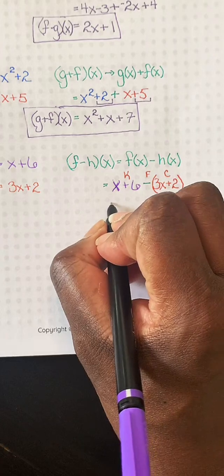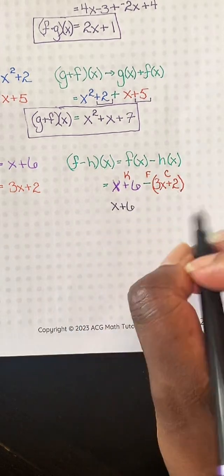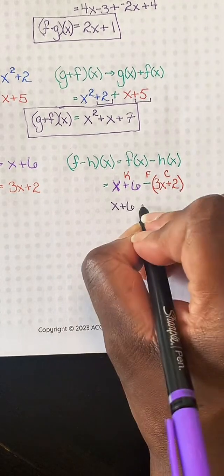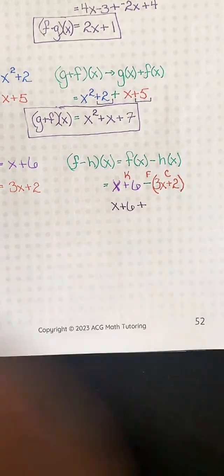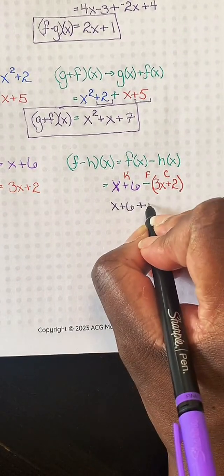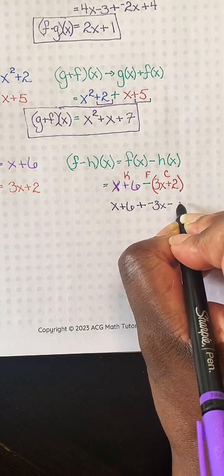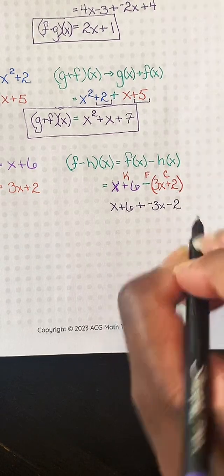I'm going to keep this x plus 6. I'm going to flip that minus to a plus. And then I'm going to change all the signs, because I'm going to subtract that 3x, and I'm also subtracting the 2.